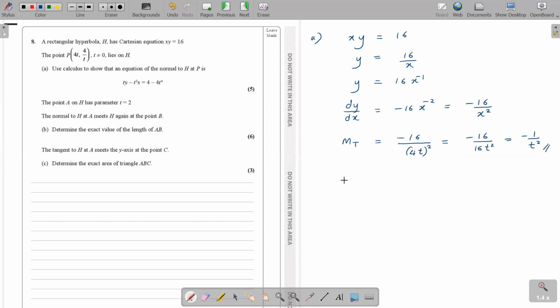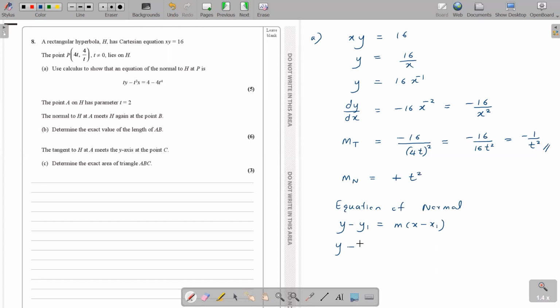Okay, and then the gradient of the normal, since we are finding the equation of the normal, would be the reciprocal and change the sign. Minus 1 over t square becomes t square, negative becomes positive. The gradient product is minus 1. Now let's get the equation of the normal. So the equation of the normal will be y minus y1 equals gradient times x minus x1.